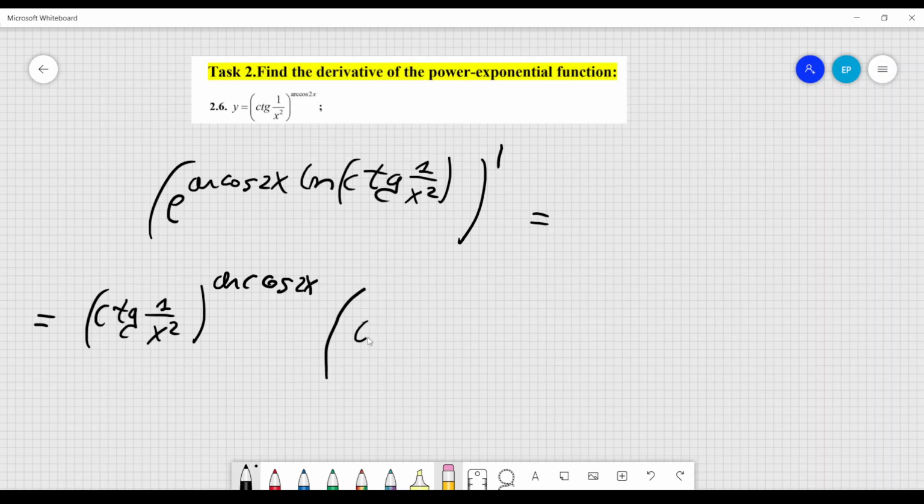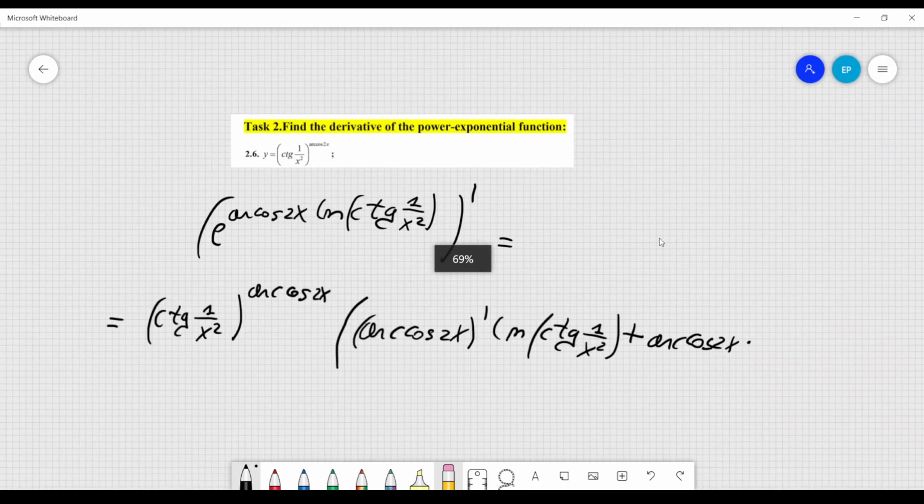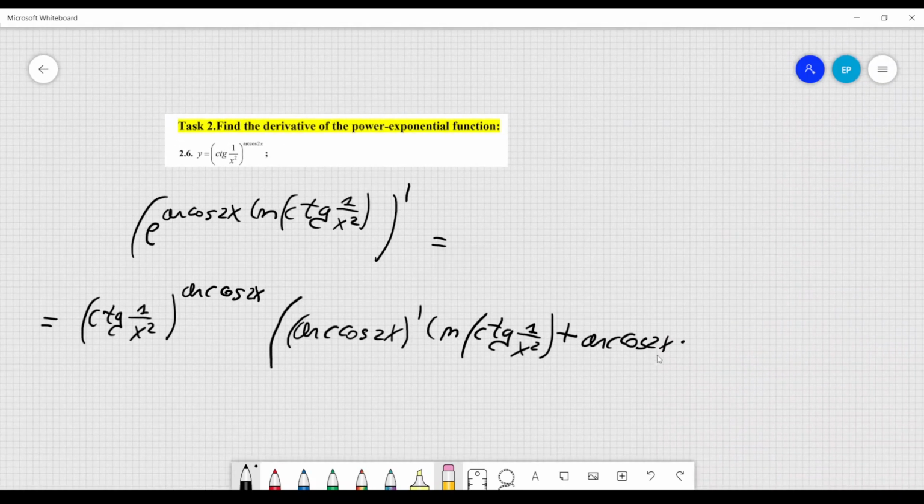So I have the derivative of the arc cosine of 2x times the logarithm of the cotangent of 1 over x squared, and then I have plus the arc cosine of 2x times the derivative of the logarithm of the cotangent.